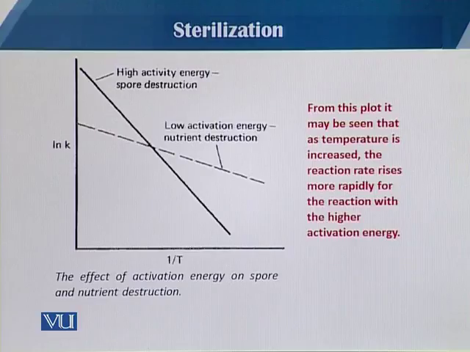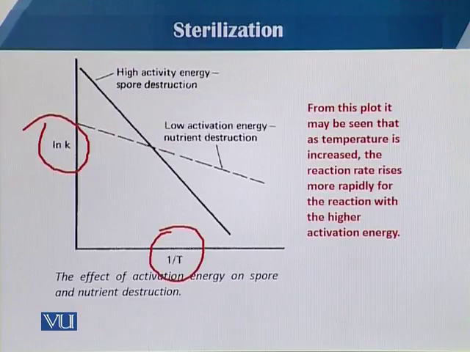Observe the graph between the log of the rate constant and the reciprocal of the temperature. When we increase the temperature, the sterilization is more as compared to the loss of the nutrients.